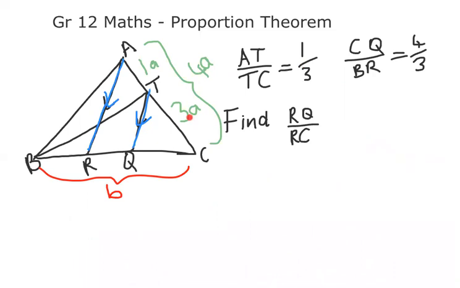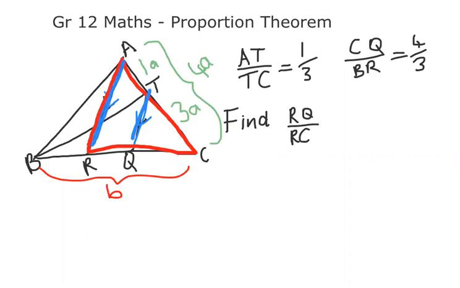Okay, so now we have that 1A over 3A. If you have something like this and you have the lines that are parallel, let me draw a triangle now. This is the triangle, with its two lines that are parallel.